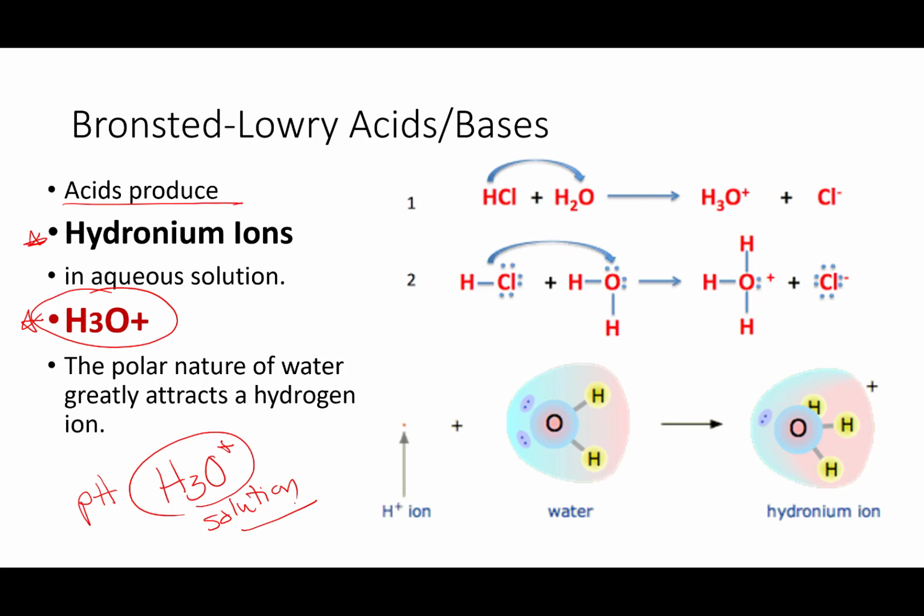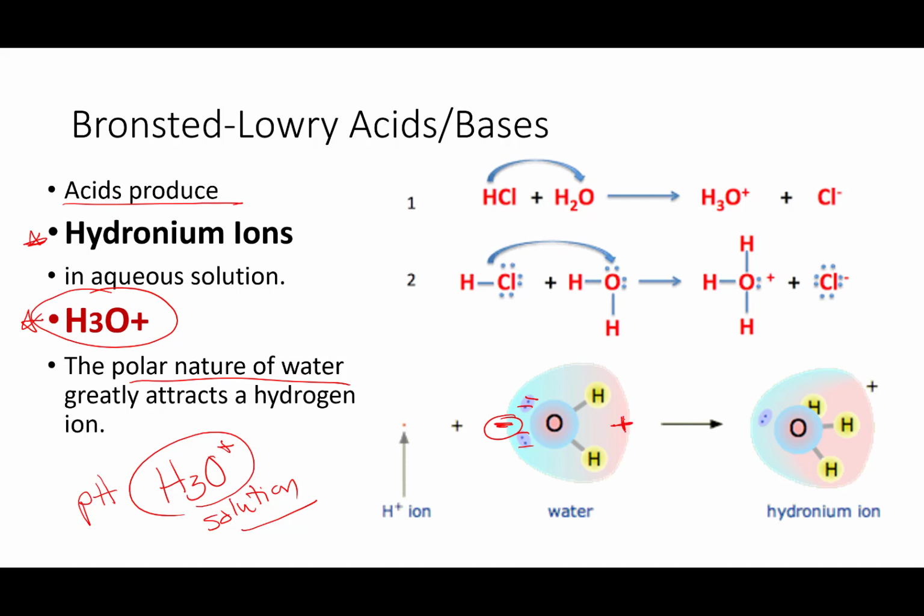Now, why do hydronium ions get produced? Well, it has to do with the polar nature of water. If you remember, a polar molecule is one that's not the same from one side to the other. Water molecules have two unpaired negative electrons out in the front of it, and that leaves the front of the water molecule kind of negative, the back of the water molecule kind of positive.